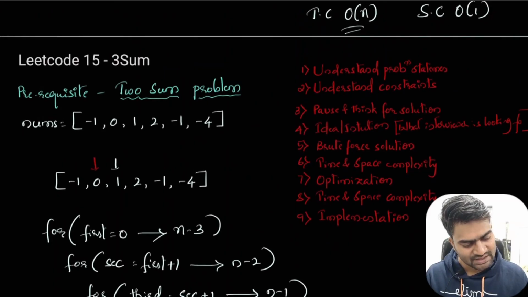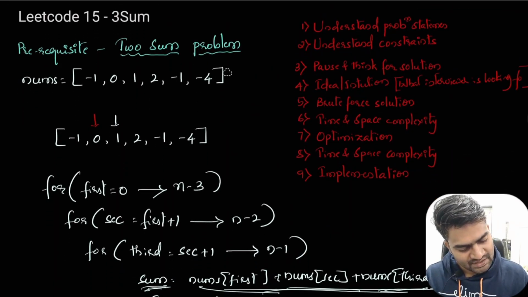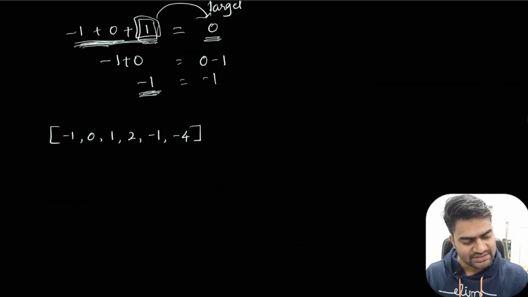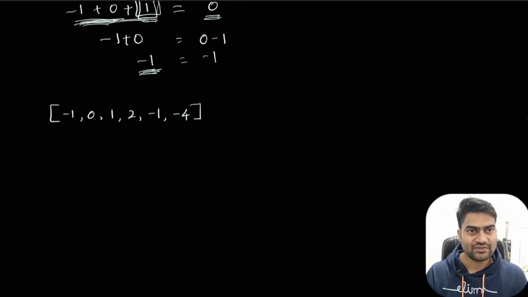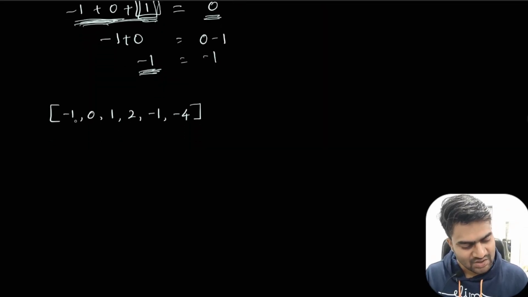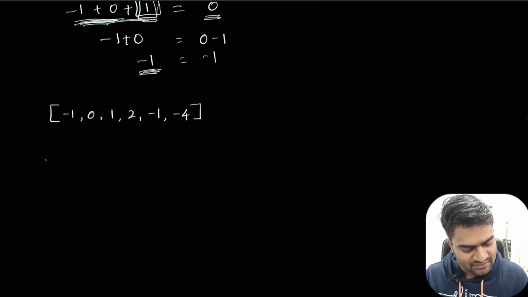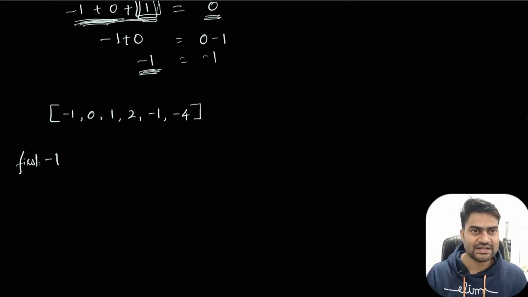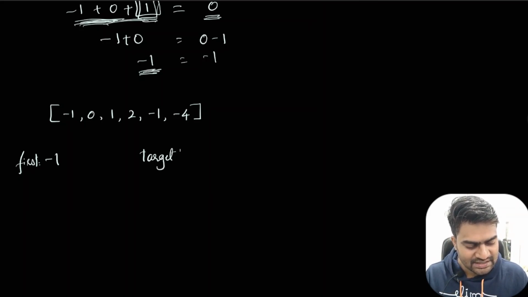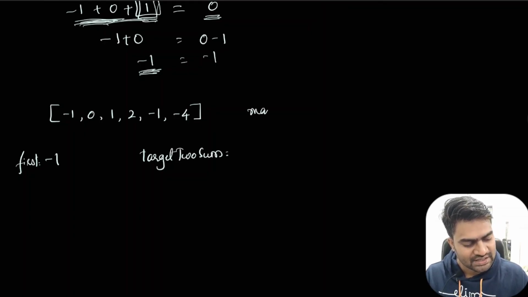So what I will do, I will copy this array. Now assume I know the first number, or let us assume this is our first number. -1 is our first number. This is our first number, correct, right? First number is -1. Now the target for two-sum becomes, my main target is equal to 0.